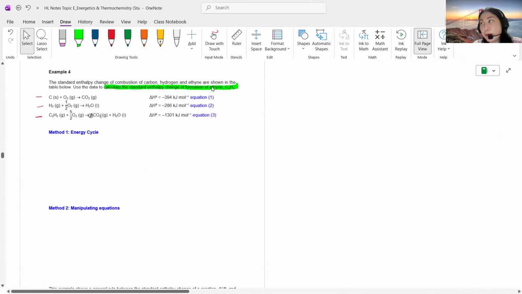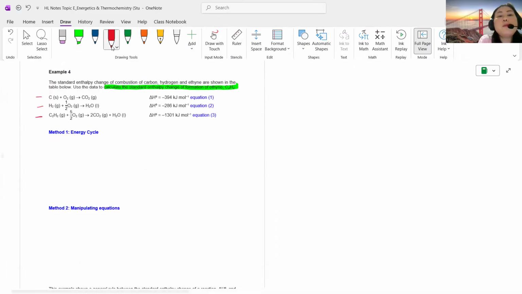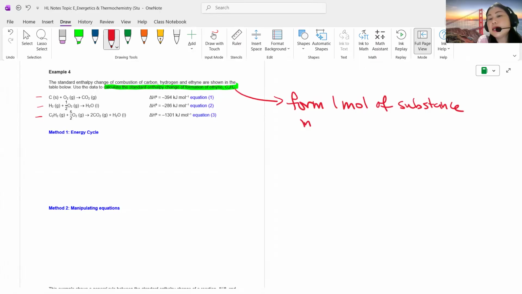Enthalpy change of formation means form one mole of the substance in its standard state from elements under standard conditions.